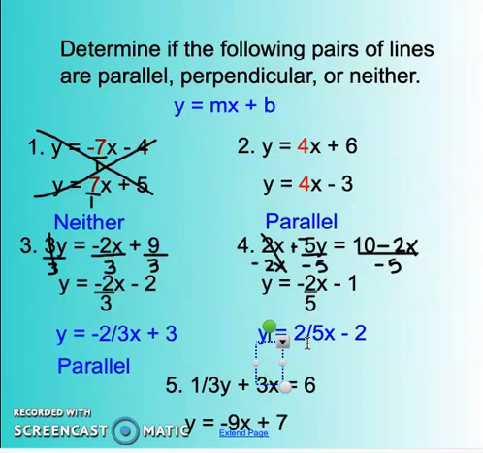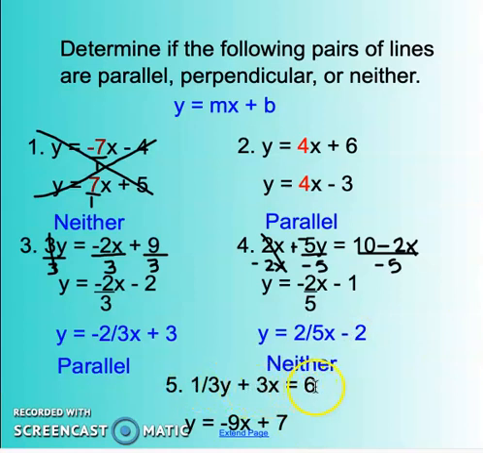And I can't say they're perpendicular because they don't have the reciprocal of each other. They're opposite in sign, but they are not reciprocals of each other. So this one's a neither again. Doesn't work.